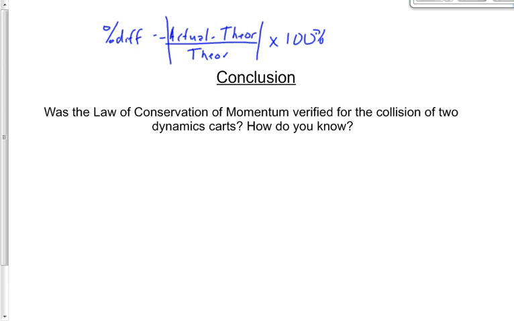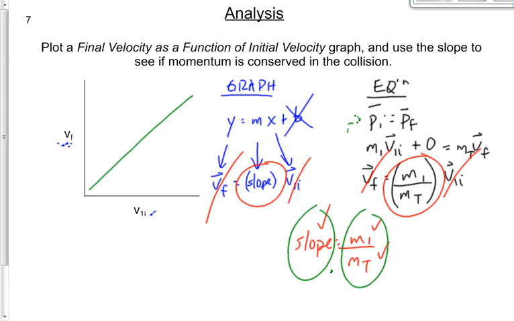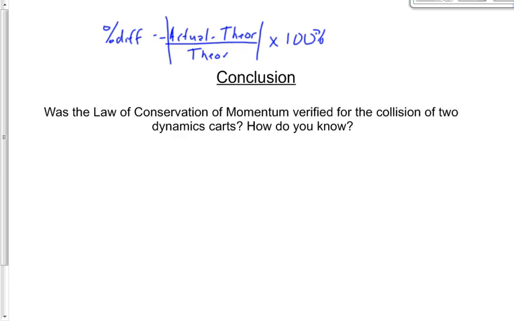The actual value will be what? Slope or m1 over mt? Theoretically, the slope should equal m1 over mt. This is going to be the theoretical value.